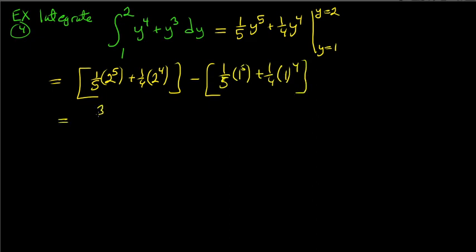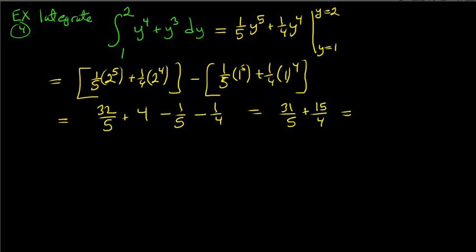So what do we get? 32 over 5, right, plus 16 over 4, which is just 4, minus 1 over 5, and then minus 1 over 4, right? Okay, so we get 31 over 5, and then 16 over 4 minus 1 over 4 is 15 over 4.